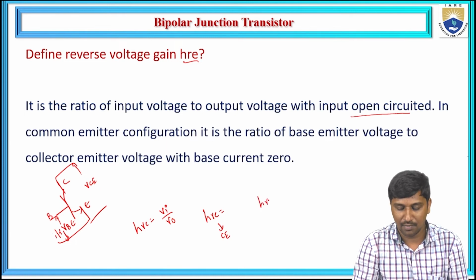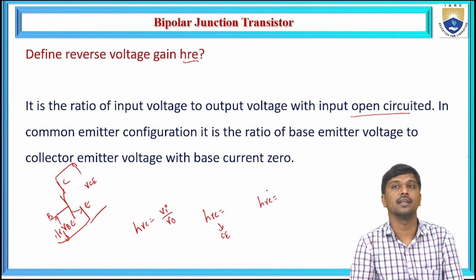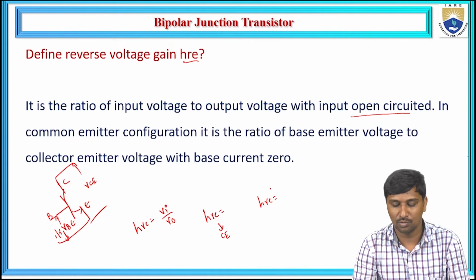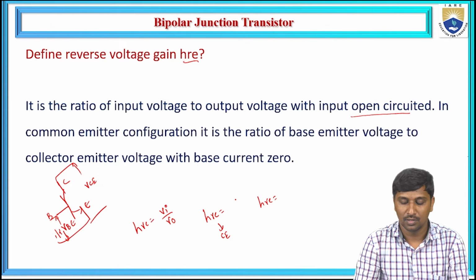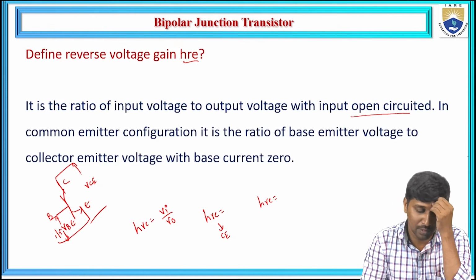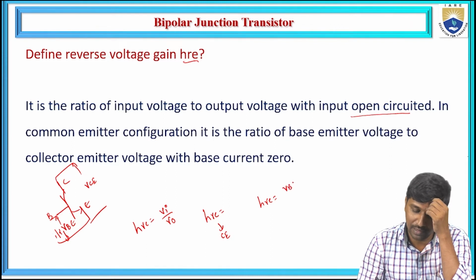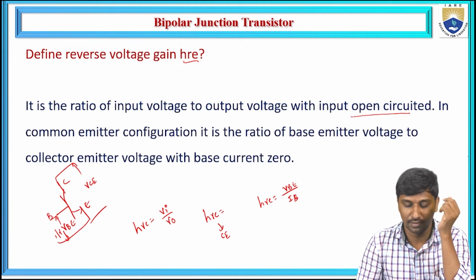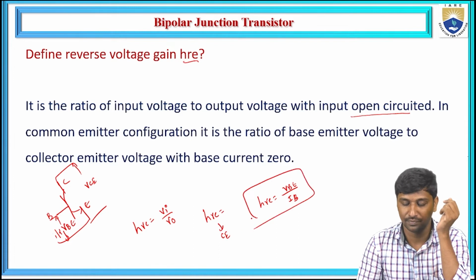Hence, the reverse voltage gain is defined as the ratio of input voltage to the output voltage. So the input voltage is VBE, and the input current is IB, that is the base current.